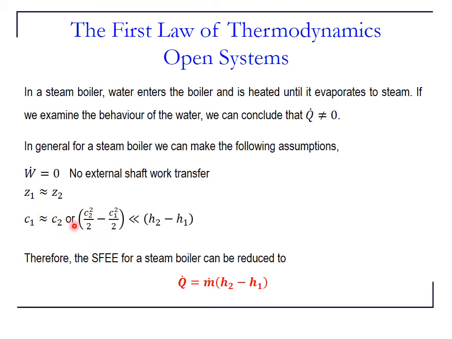After we apply all these assumptions to the general form of the steady flow energy equation, we finally get a simplified form like that: the Q dot heat transfer is equal to the mass flow rate times the difference between the inlet and the outlet.